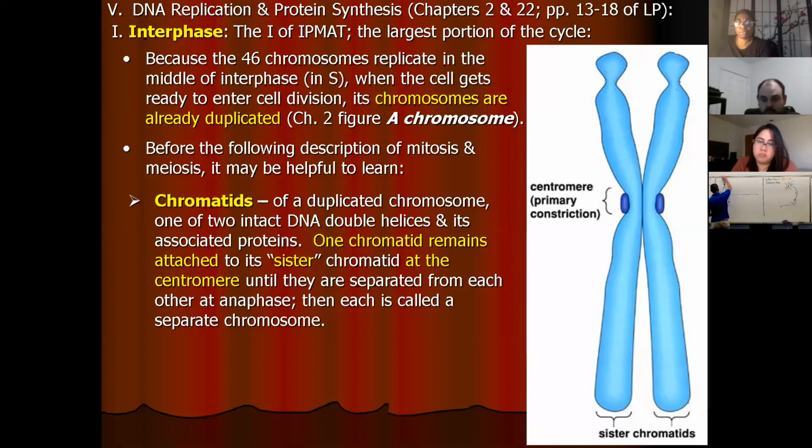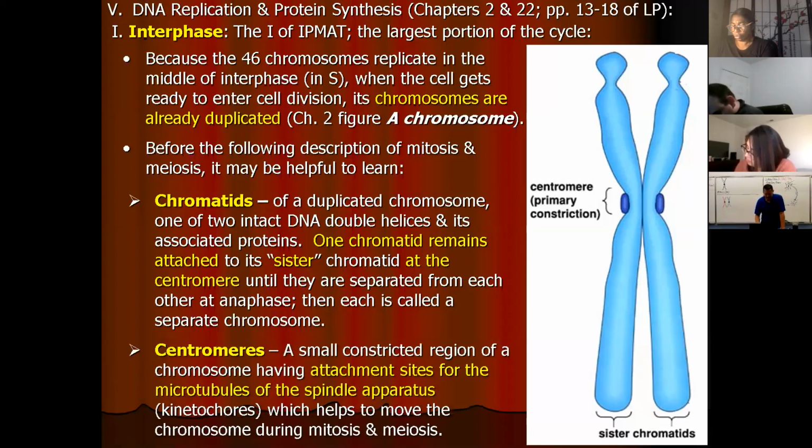So this blue arrow is one chromatid. This blue arrow is another chromatid, or what's called a sister chromatid if it's the copy. And each chromatid is attached at the centromere. On the whiteboard, and you can see it in the little picture, it's the black circle. That's the centromere, where both of those chromatids are attached.